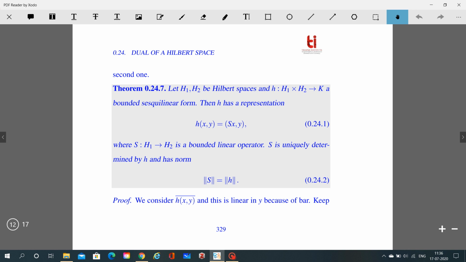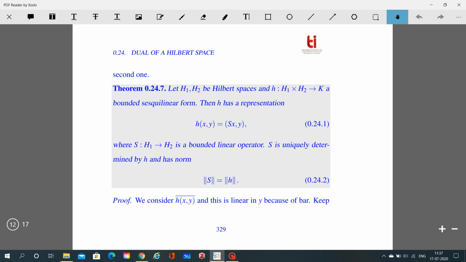Let H1 and H2 be Hilbert spaces, and h from H1 cross H2 to K a bounded sesquilinear form. Then h has a representation h of x comma y equal to the inner product of Sx comma y, where S is a bounded linear operator from H1 to H2, and S is uniquely determined by h and has norm of S equal to norm of h.